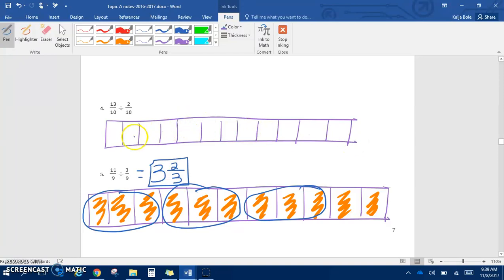Alright, so here's our 13 boxes. 1, 2, 3, 4, 5, 6, 7, 8, 9, 10, 11, 12. Oh, one more. 13. And again we're going to shade in all of them just like we did before because we have that improper fraction.